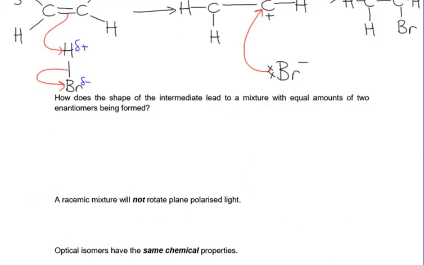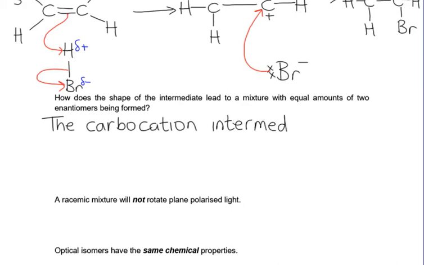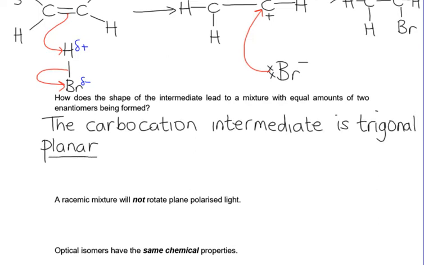So let's just remind ourselves about the shape of the intermediate. Remember that the carbocation intermediate here is trigonal planar, and it's the part about it being planar that's the most important.